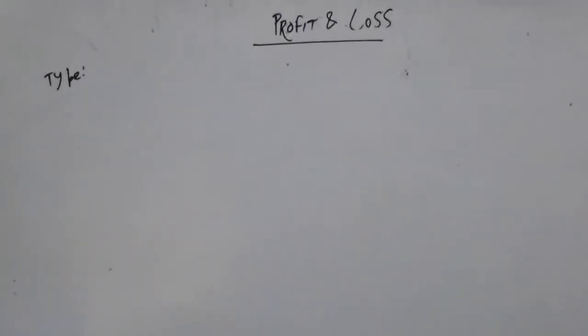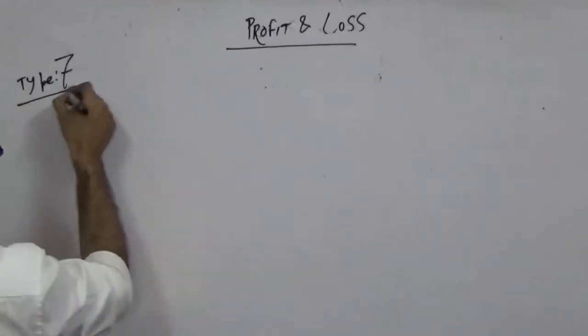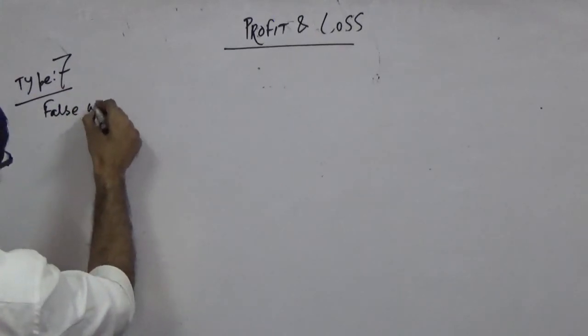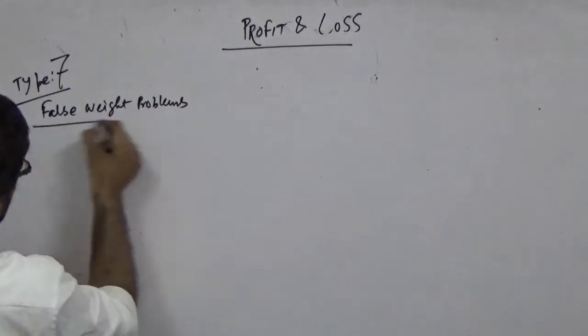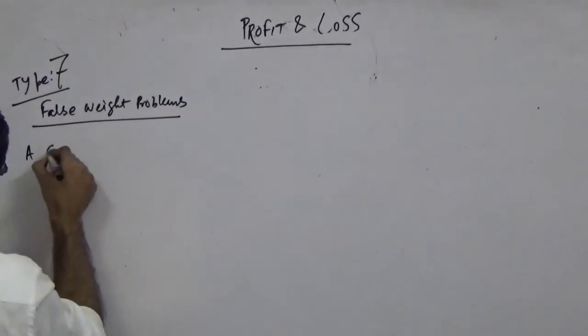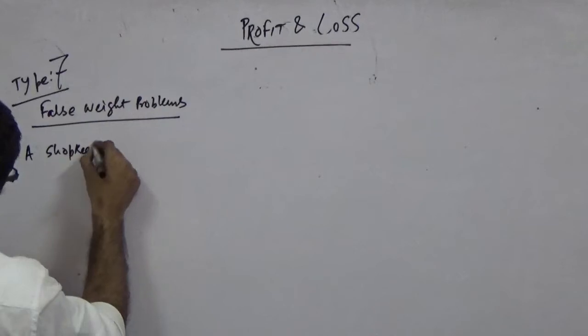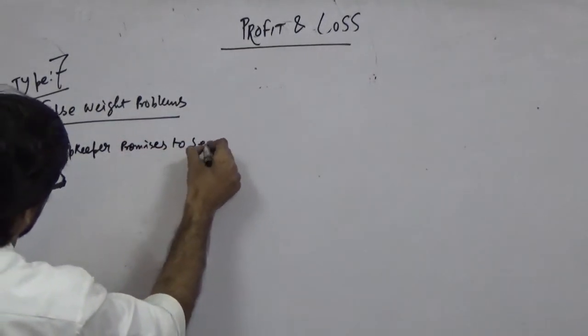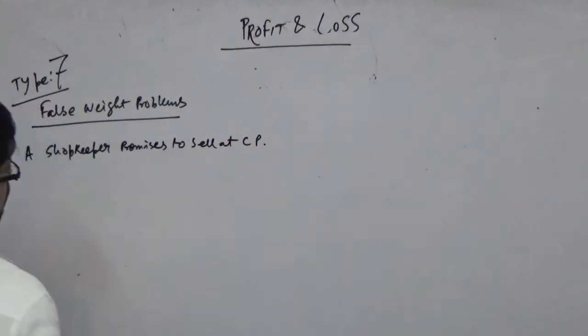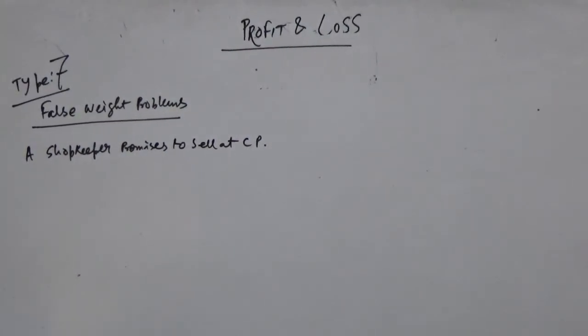So this type is type number 7. A shopkeeper promises to sell at cost price but uses a false weight.